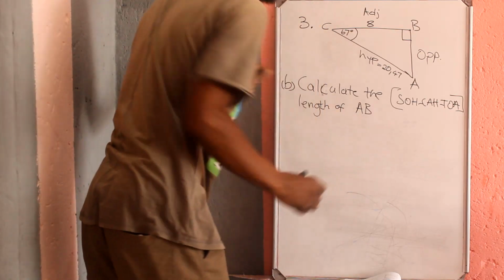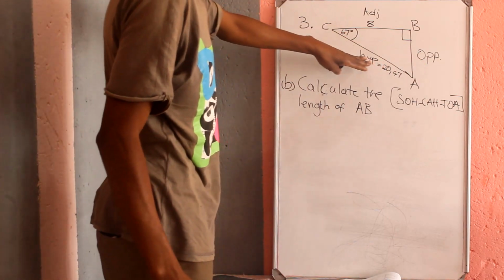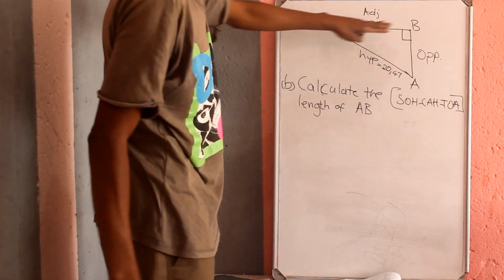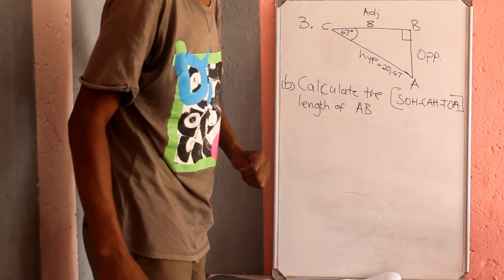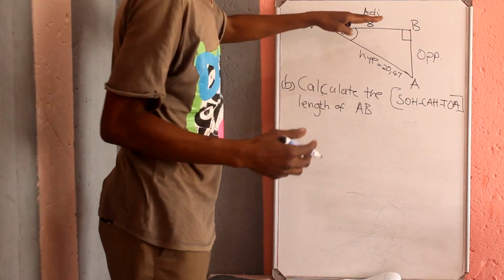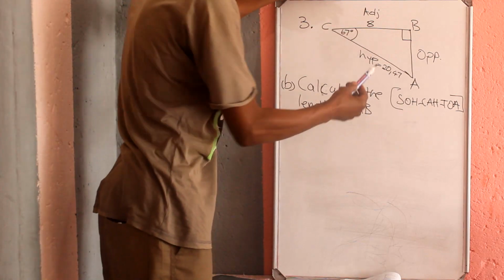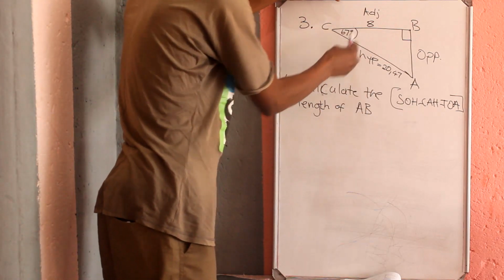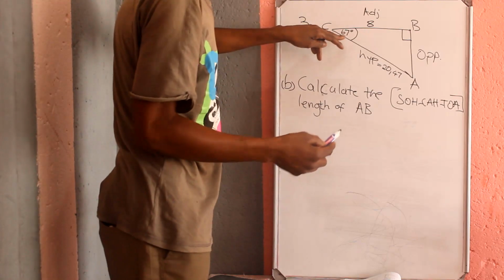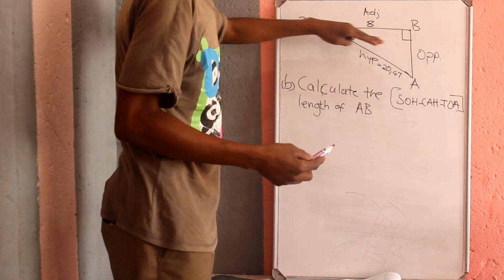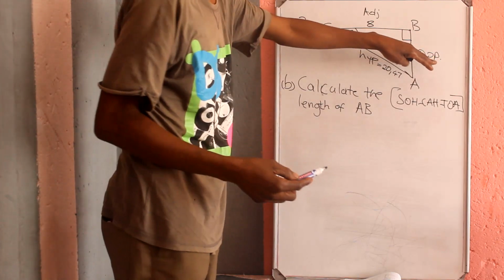AB. Now AB is the opposite side of this angle 67 degrees, because we always define the sides based on where the angle is positioned. So 67 degrees is positioned opposite AB, so that's going to be my opposite side.